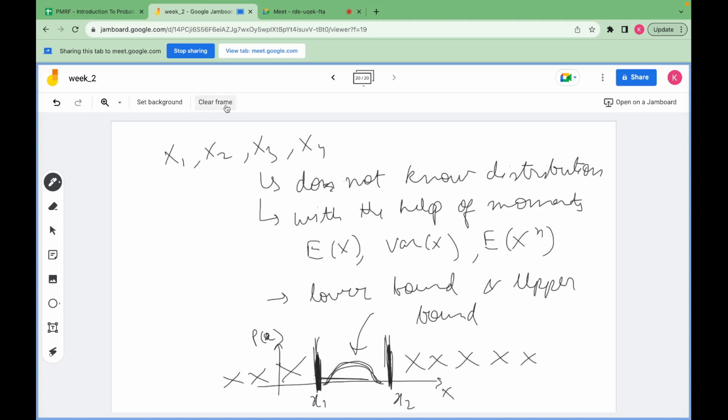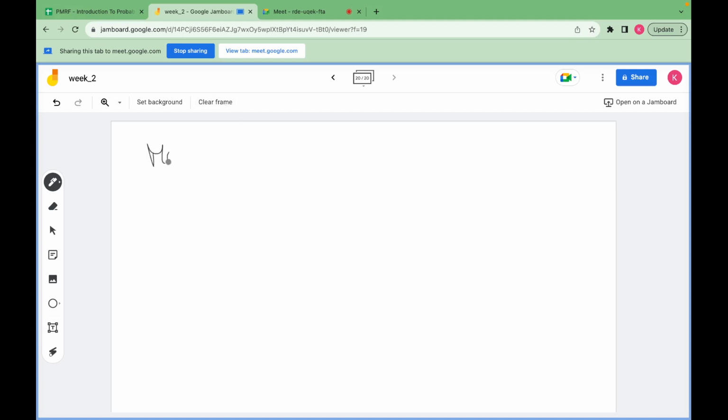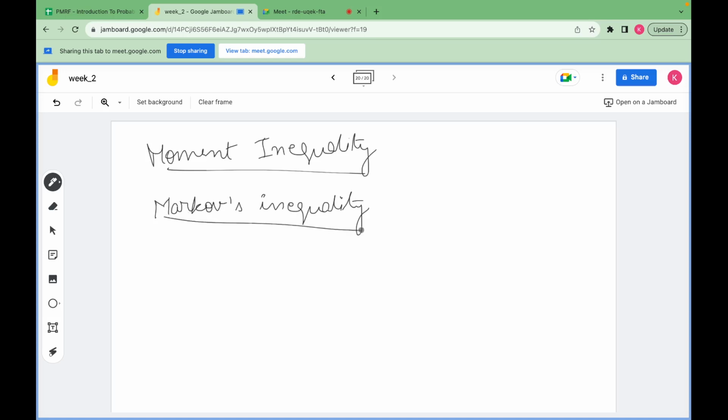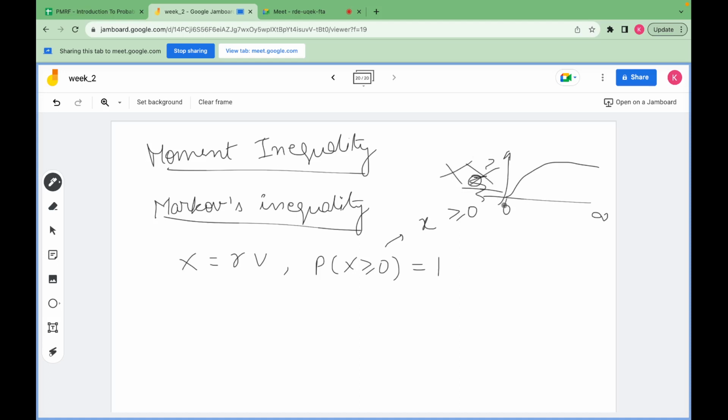Okay, so there are a few moment inequality theorems which are used here. So first is Markov's inequality, which says that if x is a random variable, okay, and if the probability that x is greater than or equal to 0 is 1, this means that random variable x is always greater than 0. It is defined from 0 to infinity. It is not defined before 0.